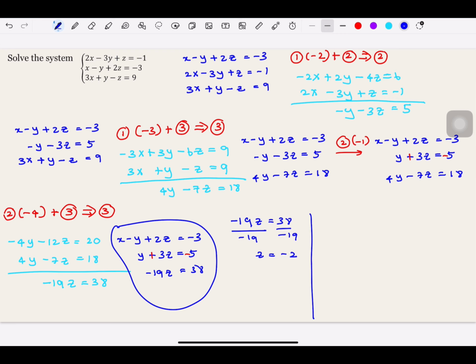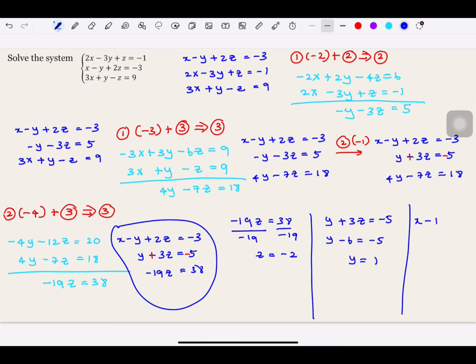Okay, moving forward, to evaluate y, I'm going to use my second equation, which is this. So y plus 3 multiplied by z, which is negative 2, it's going to be negative 6, equals negative 5. So y is going to be a positive 1. The first equation, x minus y.